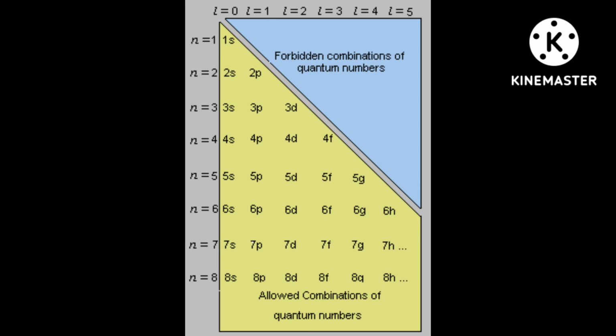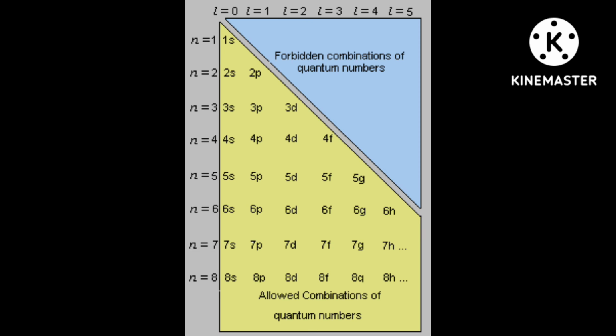P has 3 orbitals, like that you can tell: Px, Py, Pz, 3. In that way, for d, 5 are there. These are the 5.